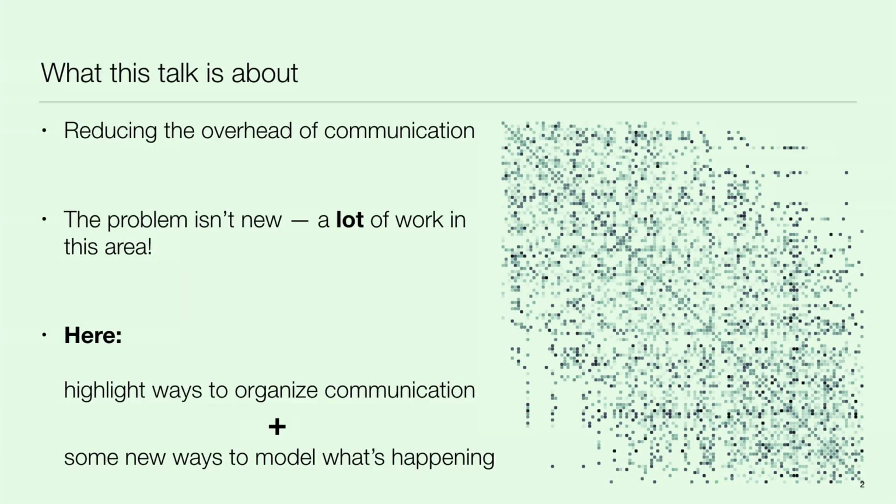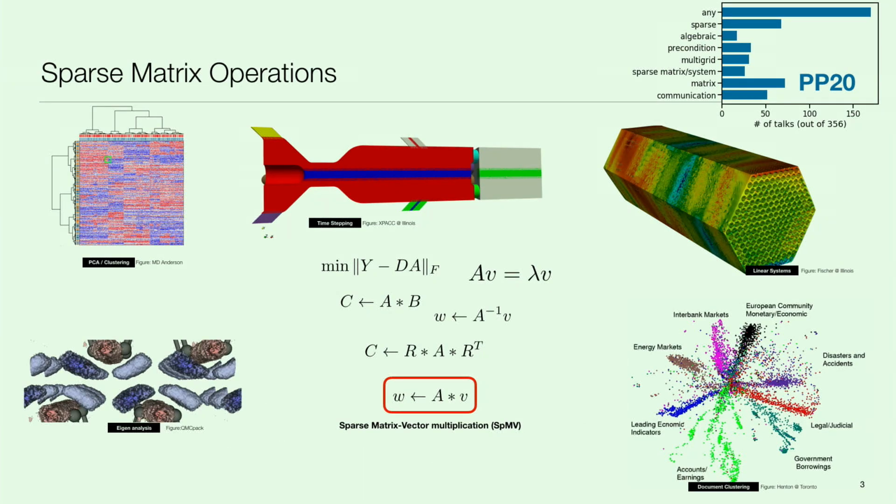I just did a little grep on PP20 abstracts, and sparse and communication do show up a lot. So we're going to focus much of our effort on the sparse matrix vector multiply, and I'm going to motivate why we're looking at that problem that's been looked at quite a bit.